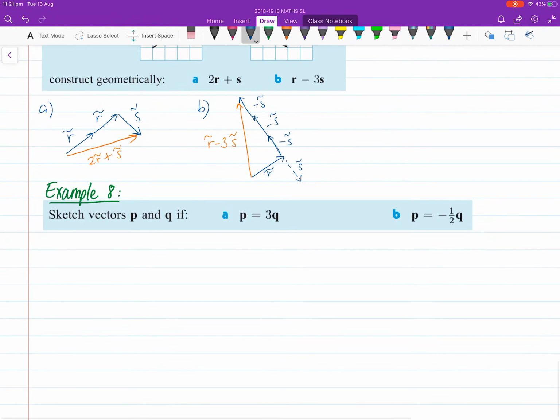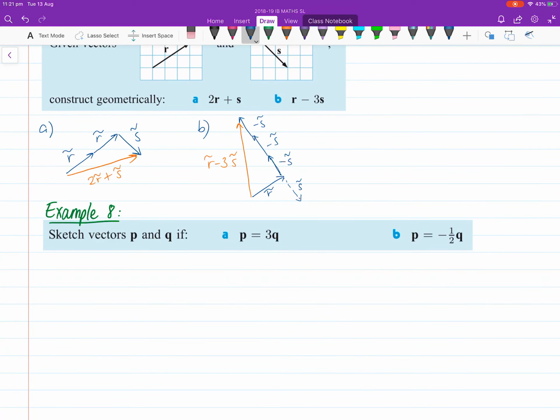Okay. And then example 8 says sketch vectors P and Q if P equals 3Q. I'm just having a think. What does that want us to do? So if you have vector P, let's just say that's P. But if it's equal to 3Q, so that must mean Q must be something like that.